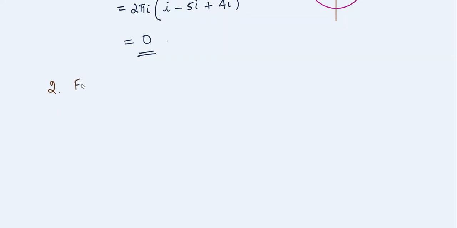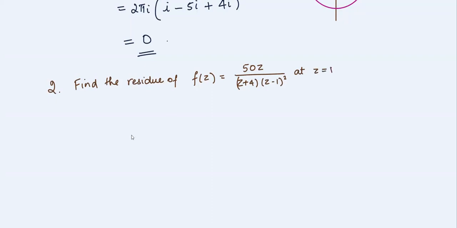Find the residue of f(z) equal to 50z by (z plus 4) times (z minus 1) the whole square, at z equal to 1.